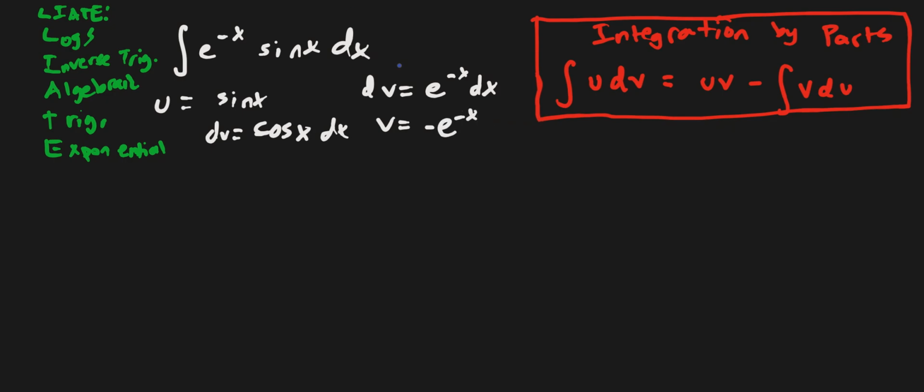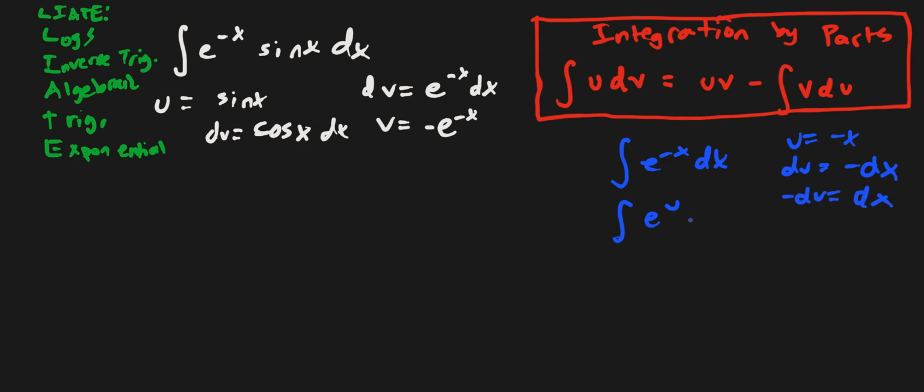Now keep in mind, how did I do this? I just used the normal u substitution method. So what is the antiderivative of e to the negative x dx? I'm going to set u equal to negative x, so du is going to be equal to negative dx. And so this is just the antiderivative of e to the u, and then we have a minus here, so we can multiply by negative 1 both sides. This is minus du equals dx.